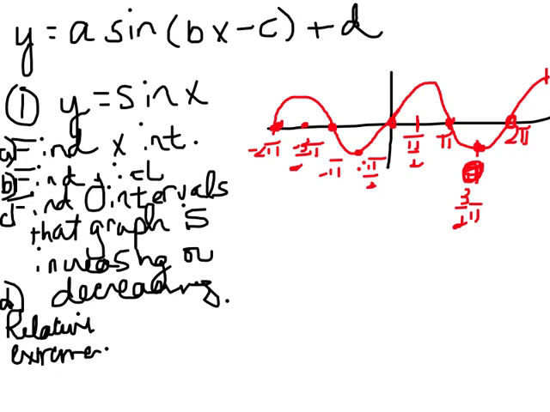They're counting by pi halves here. So when they asked me for the x-intercepts for A, where are the x-intercepts on this graph? That's negative 2 pi if you count. Negative pi. Yeah, count by pi halves.